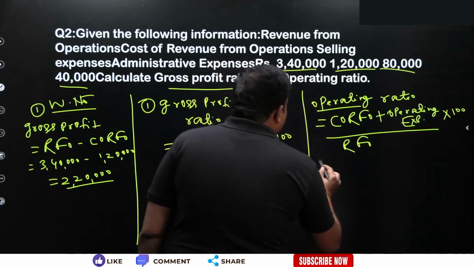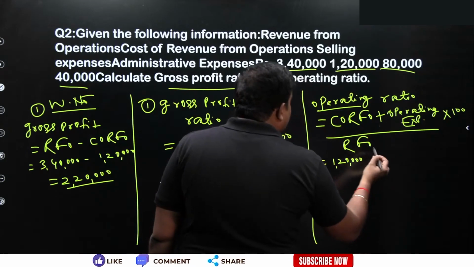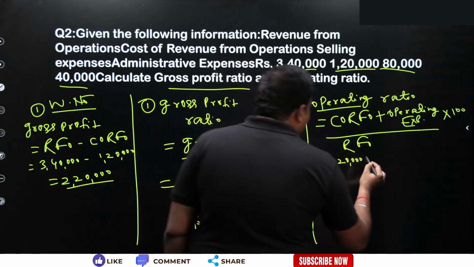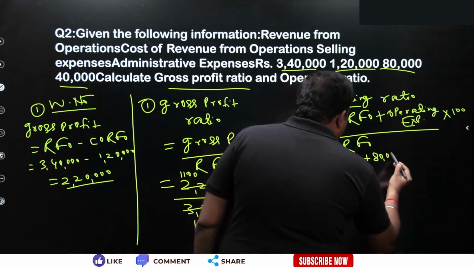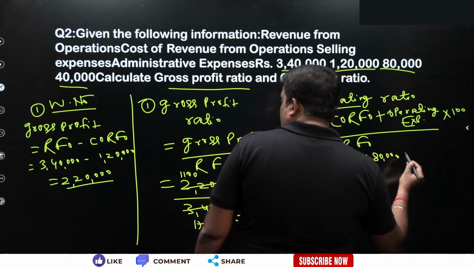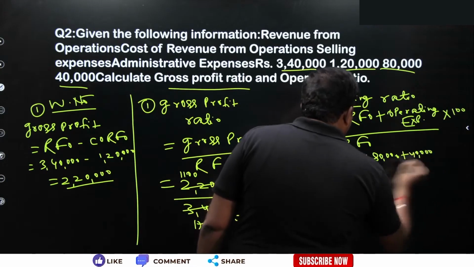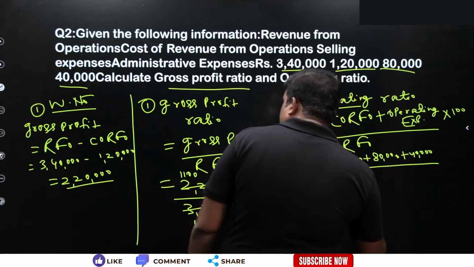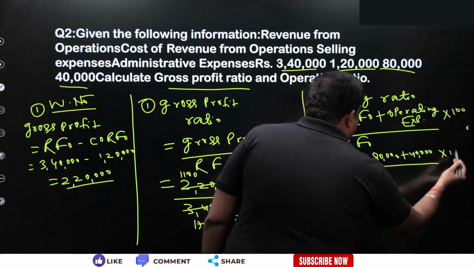So cost of revenue from operation is 1,20,000. Operating expenses include the office and administrative expenses and selling and distribution expenses. So this is 80,000 and 40,000 respectively. Upon revenue from operation, that is 3,40,000, into 100.